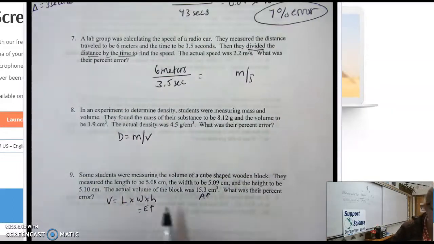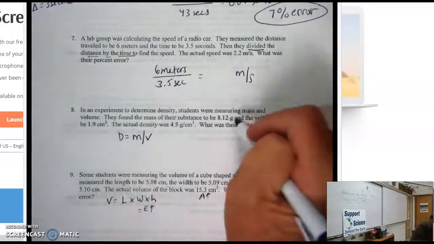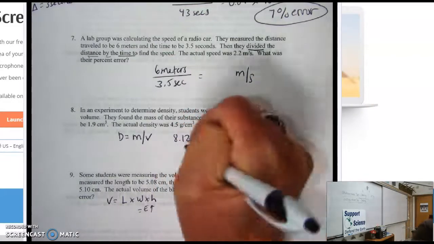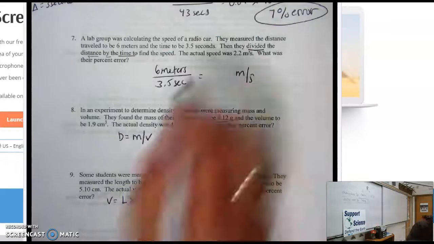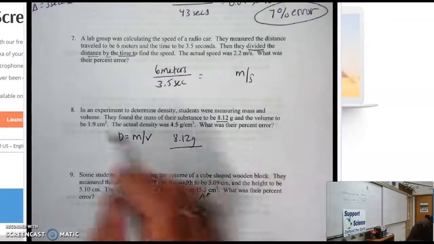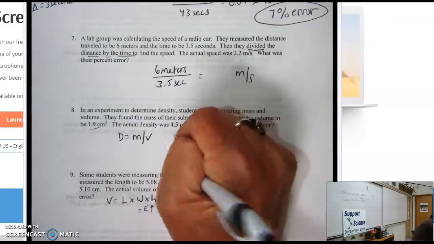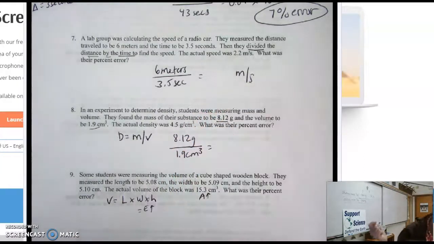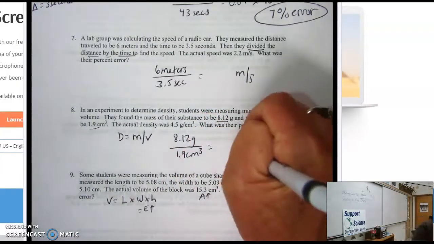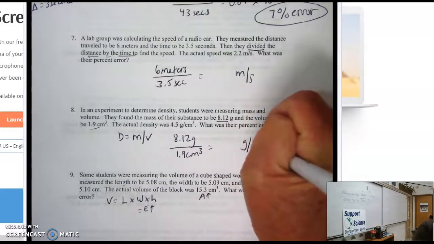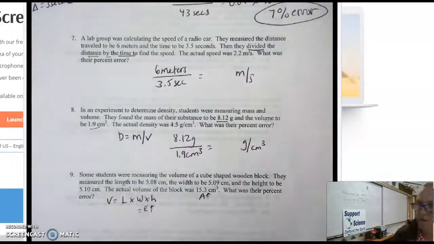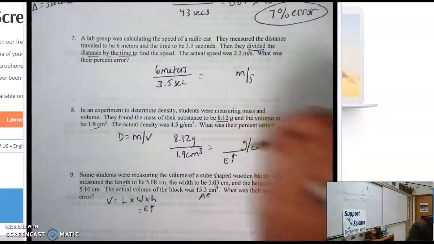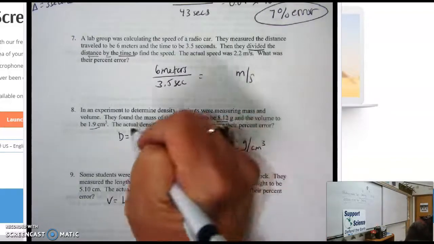Okay? So you have your mass of 8.12 grams, and you're going to divide it by the volume of 1.9 centimeters cubed, and that's going to get you in grams over centimeters cubed your experimental value, okay, right there. And this is your actual value.